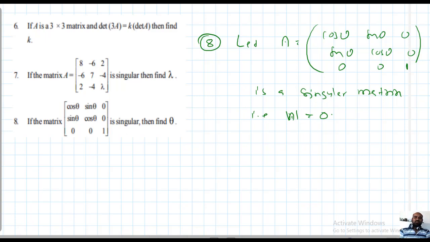Finding its det, I want to use this column, or this row also can be used, not a big problem. If you use this row, what happened? This is 3 1, 3 2, 3 3. So 0 into something, no need to write. 3 plus 2 is 5, minus 0 into something, no need to write. 3 plus 3, 1 plus 1 into something, should write. What is something? I will write cos square theta minus sin square theta.